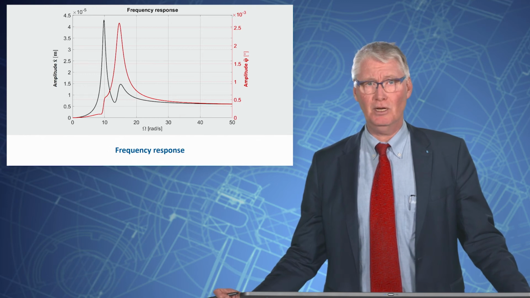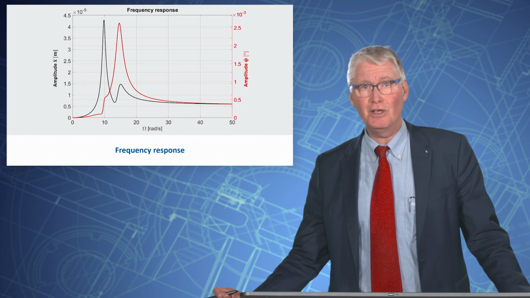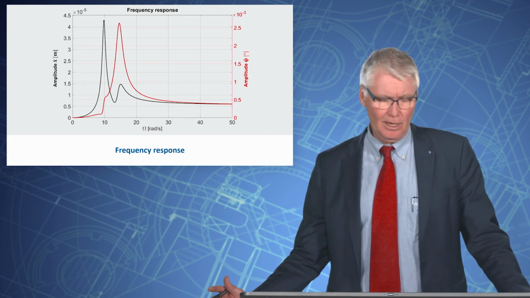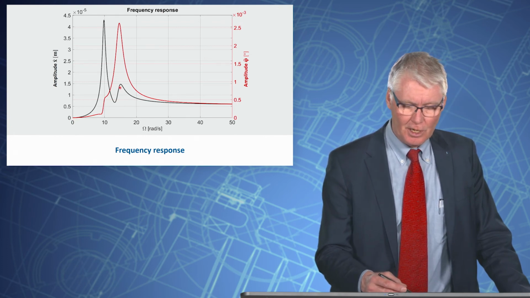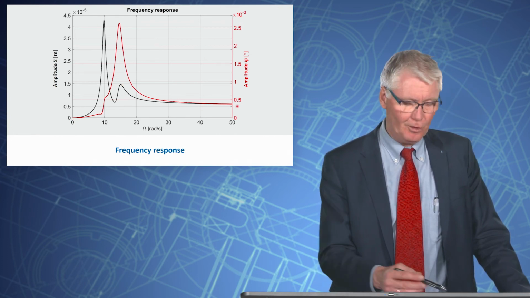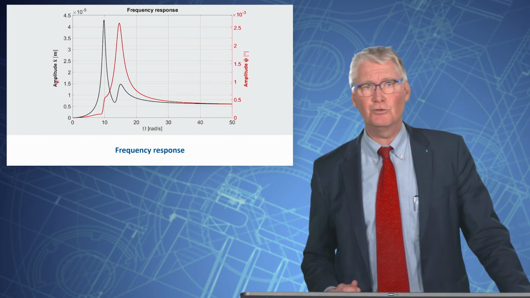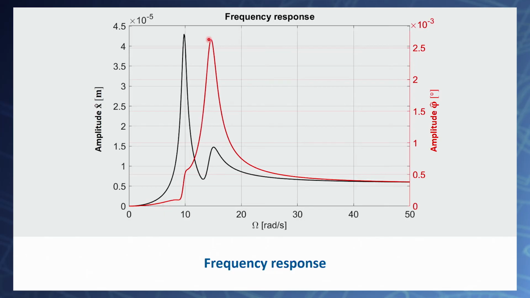Now we can directly discuss the frequency response diagram, which we have calculated according to a very similar Matlab program that I explained in the previous lecture, in lecture 5.1. In red, again, we see the frequency response for the vertical motion expressed through the amplitude X roof, and we see the other line that shows us the amplitude phi roof.